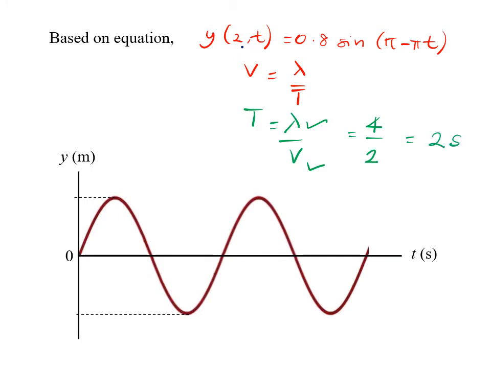Okay, so based on this sinusoidal waveform, we can plot a graph y against t by putting the maximum value 0.8 and minimum value negative 0.8 based on our data, right? So the period now we can put as 2.